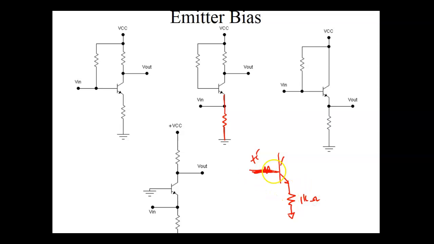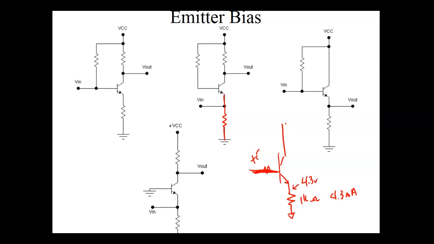We're forward biased, so what would I have right here on that resistor? 4.3. What would the current be? One milliamp per volt. What I like about a 1K is 1 milliamp per volt. So it'd be 4.3 milliamps.